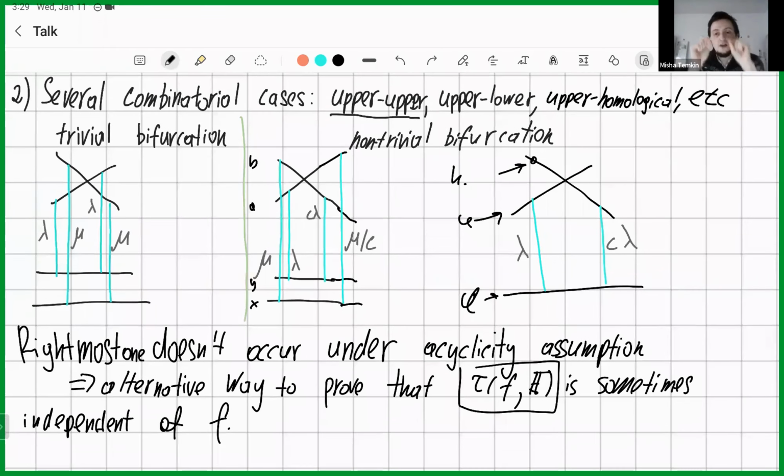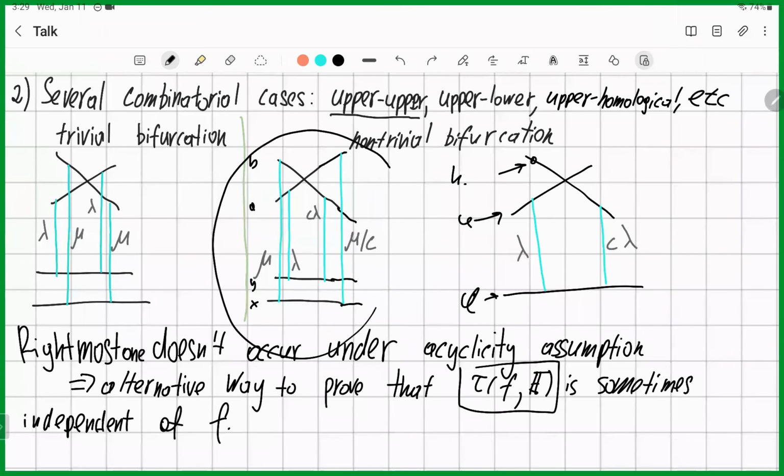If you have two functions and you want to prove that some quantity is the same for both, you connect them by a generic path and track how this quantity changes along the path. If you can prove that along the path the quantity doesn't change, then this surely proves that the quantity is the same for any two functions. So the bifurcation analysis way appears in this context in this form.